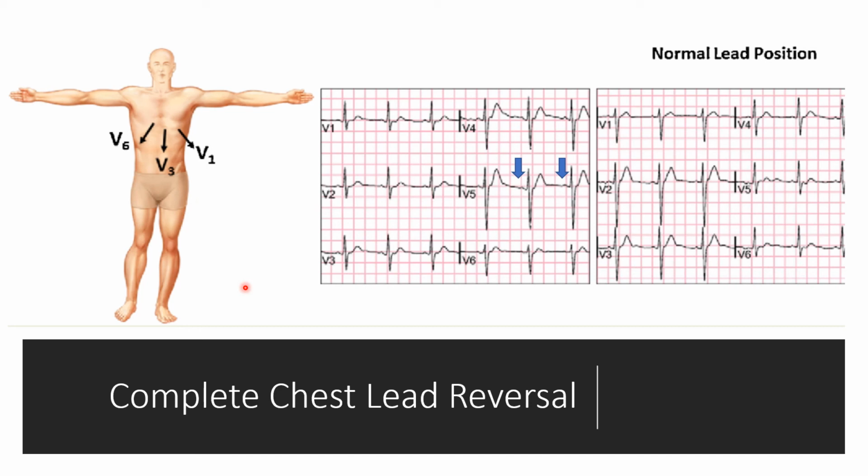Then it could be left arm to right arm lead reversal, except the precordial leads are still not in alignment with just a left arm to right arm lead reversal, as there is regression of R waves across the precordial leads. So what else could it be?